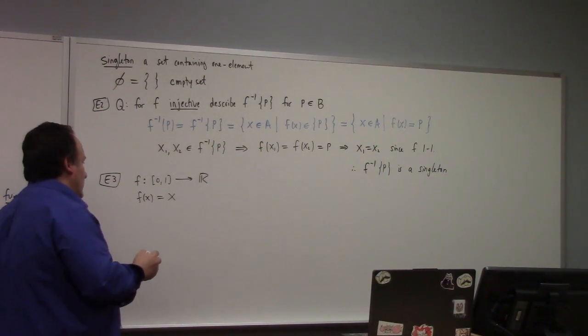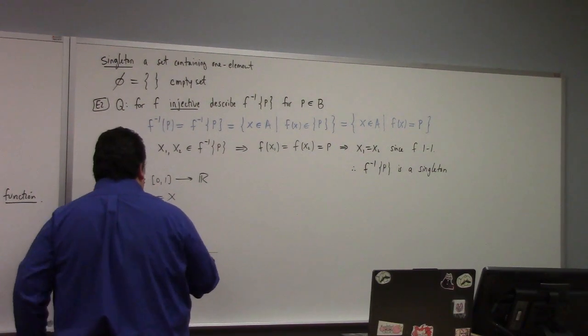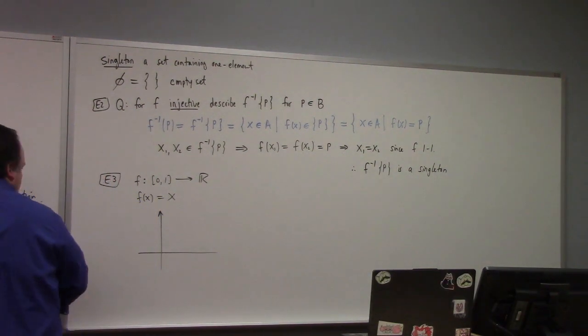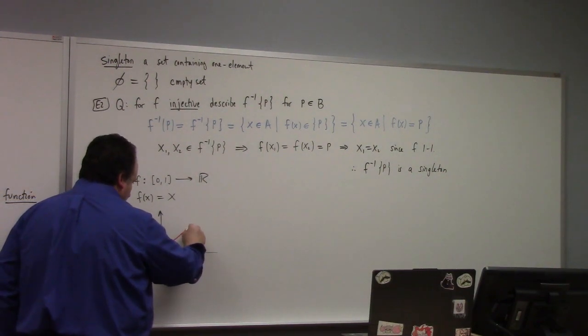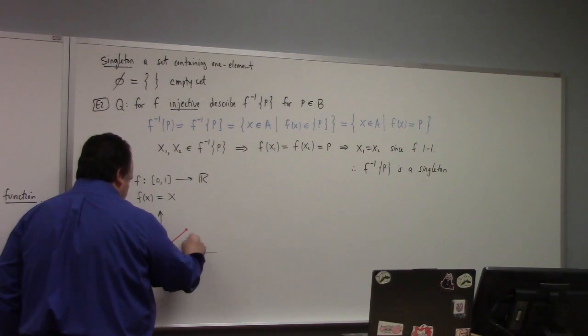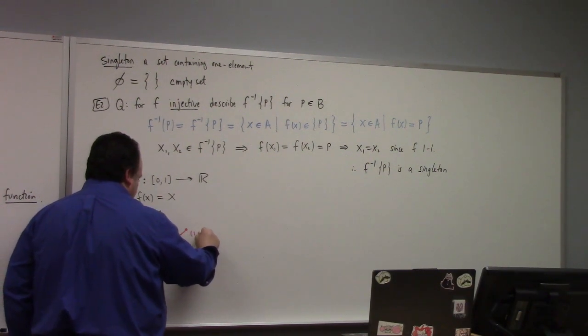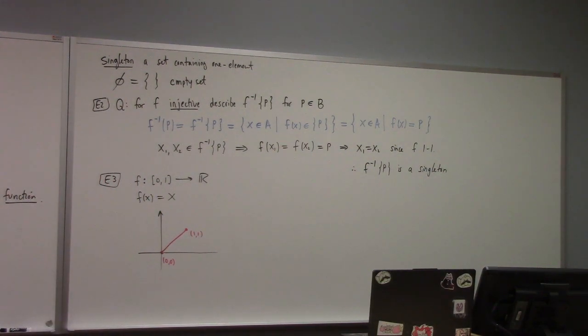Here's the graph. We start at (0, 0) and end at (1, 1). You can think of the inverse image of a point in terms of the intersection of a graph with a horizontal line.